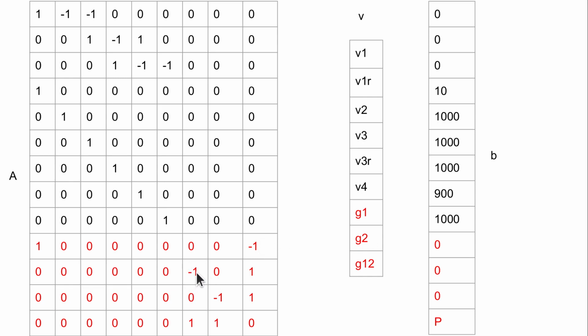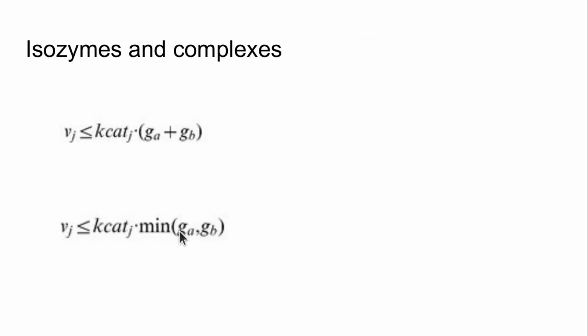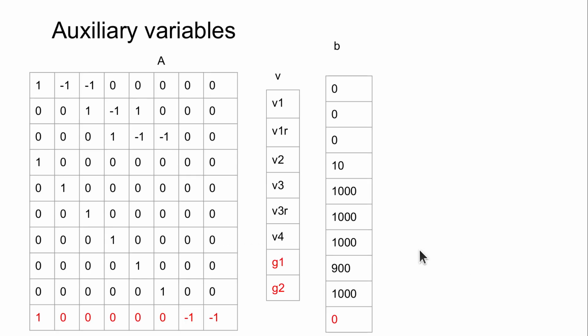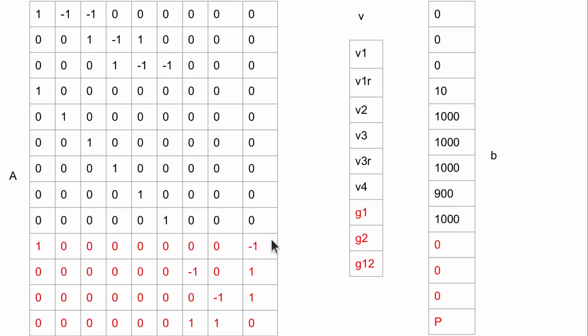So these two rows in combination give an upper bound for G12. This is the way we represent that G12 is at most the minimum of G1 and G2. And so these three rows in combination essentially force V1 to be both less than G1 and less than G2 at the same time, and represent the mechanics of a complex.